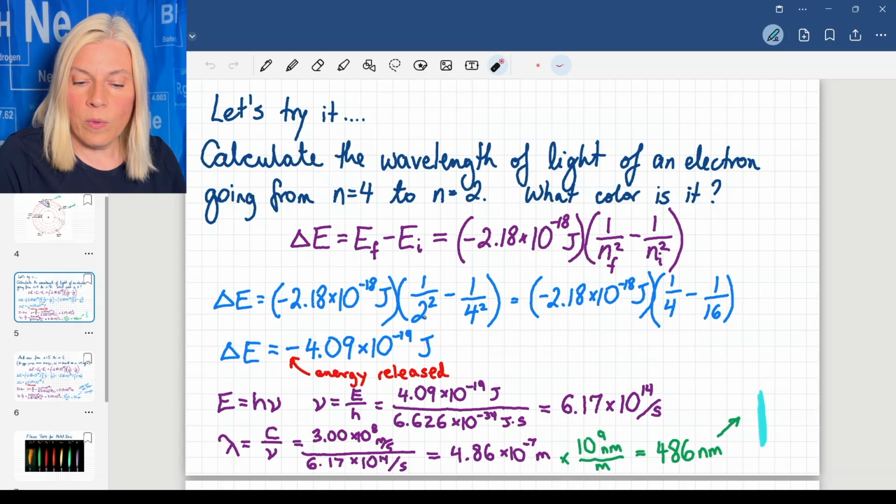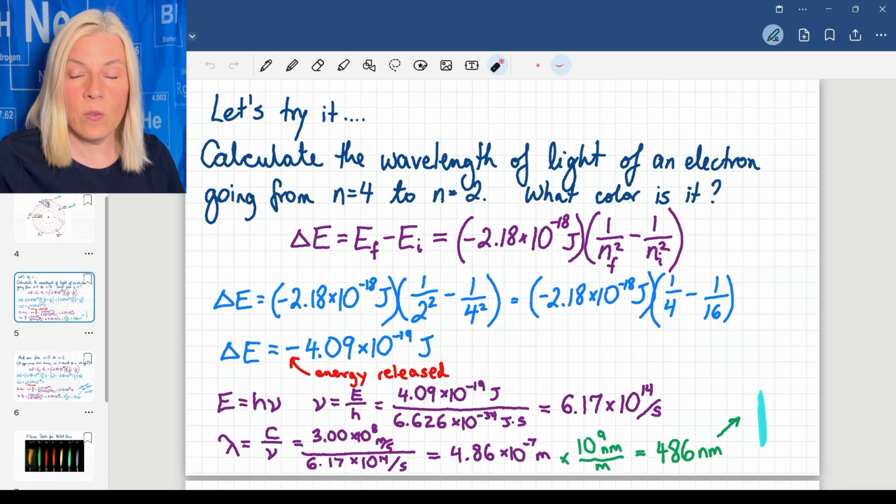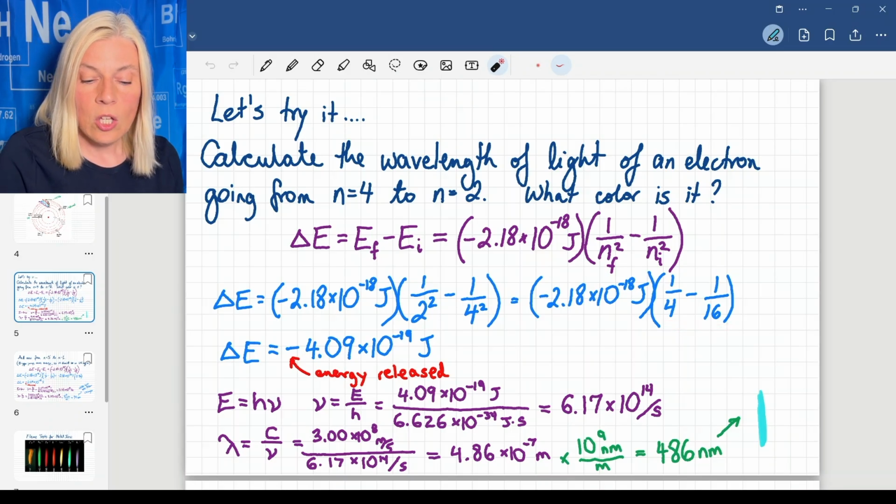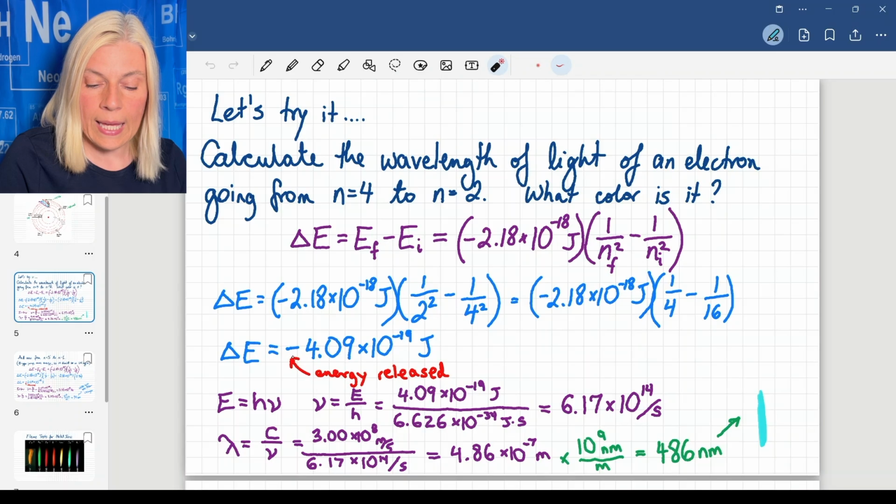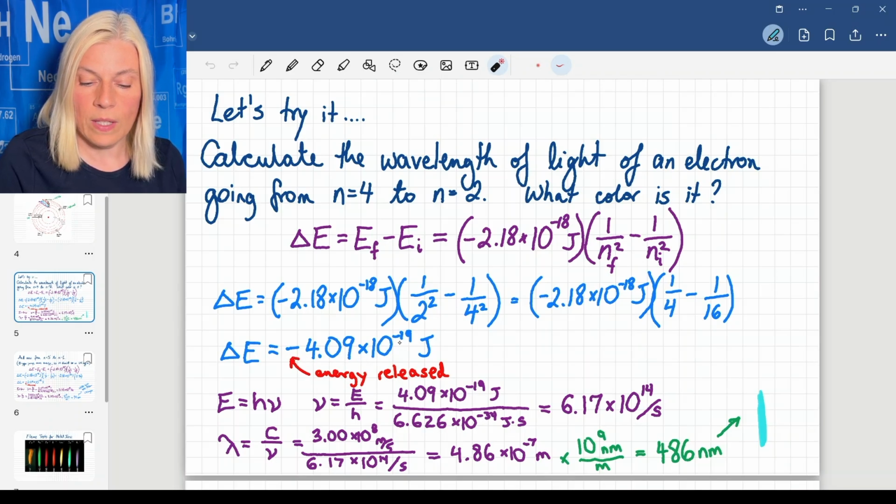So final, we end up on 2, we start with 4. So we're going to plug in: 1/4 minus 1/16. You plug this all into a calculator, and you're going to have energy is negative 4.09 times 10 to the negative 19 joules per 1 photon.